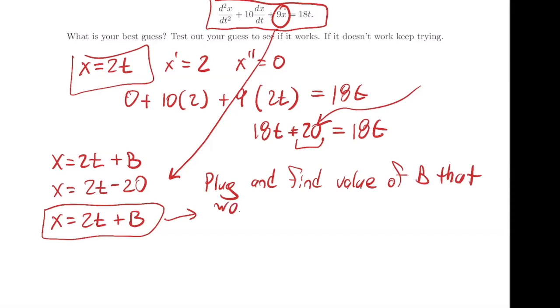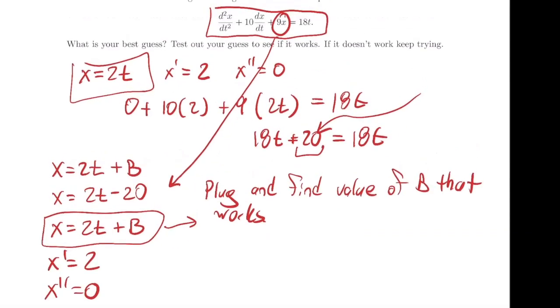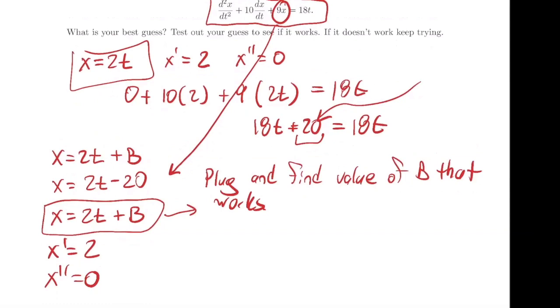And this kind of takes us back to what we did in week 1, which was how do we check to see whether something is a solution to a differential equation. So here, our derivative is 2, second derivative is still 0, and this would give us x double prime is 0 plus 10 times 2 plus 9 times x.